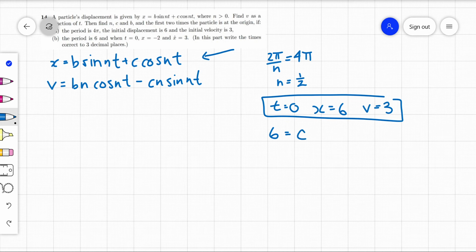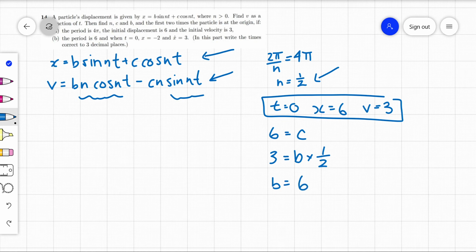In the velocity equation, if I make velocity 3, again the sine part goes to 0 because sine of n times 0 is sine of 0, which is 0. So I'm just looking at the cos part here. So cos 0 is 1, so bn is what I'm going to get. So I know 3 is b times n, and n is a half. So clearly b must be 6.